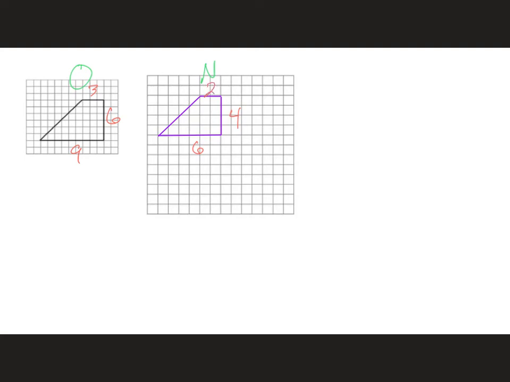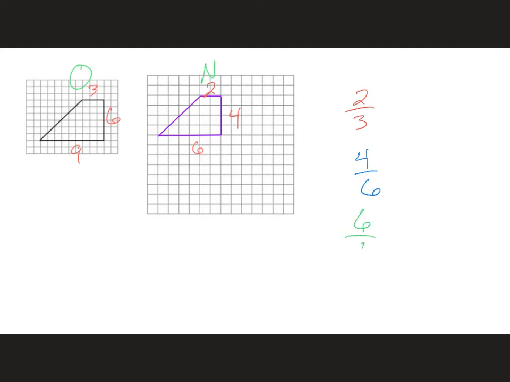So now I'm going to pick a ratio between the two shapes. Again, it does not matter which one I choose, as long as I'm staying with the same side. So 2/3 would be one ratio that I could write. 4/6 would be one ratio that I could write.